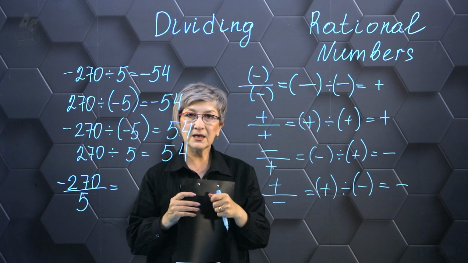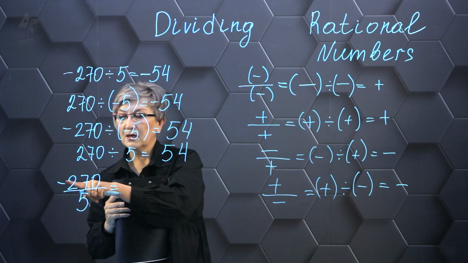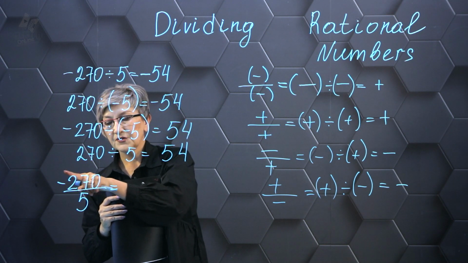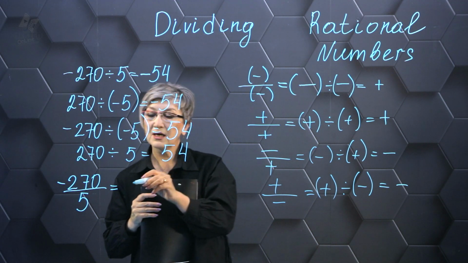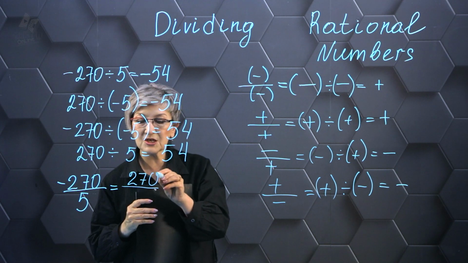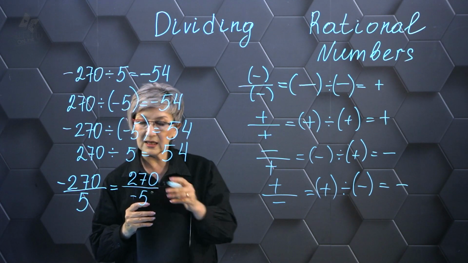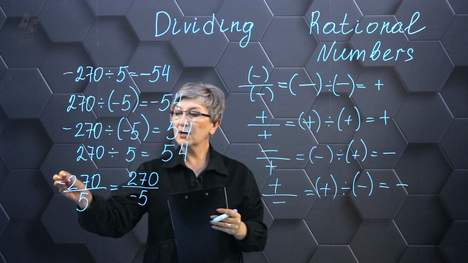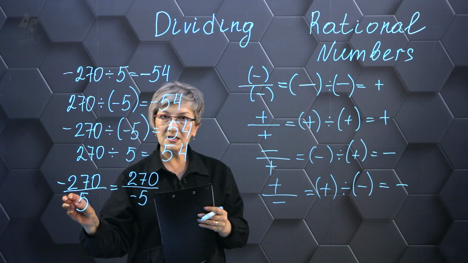I want to pay attention to the recording of this action. We have a negative number in the numerator, but by rule, I can write the number 270 as a positive number and the number 5 as a negative number. So I can move the negative sign to the denominator.